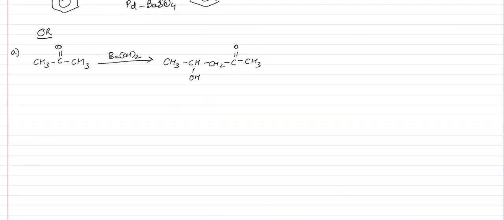If you knew how the aldol condensation worked, it would make sense. I'm going to quickly write it over here. The oxygen of one of these two gets used up and it forms OH. The hydrogen gets shifted from one of these to this, and this forms a bond with this.